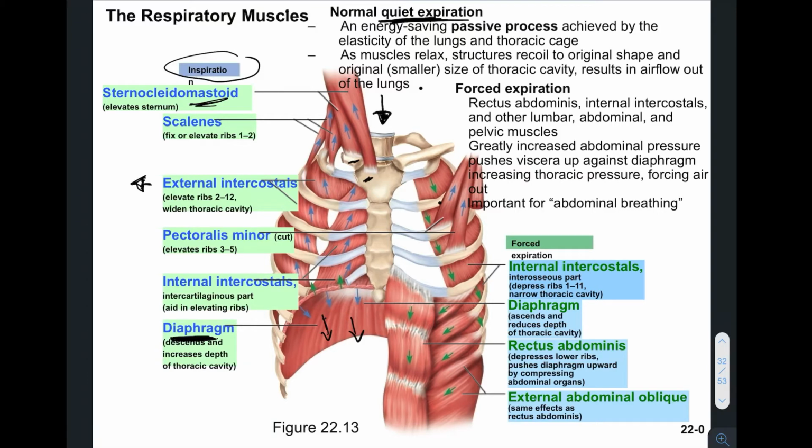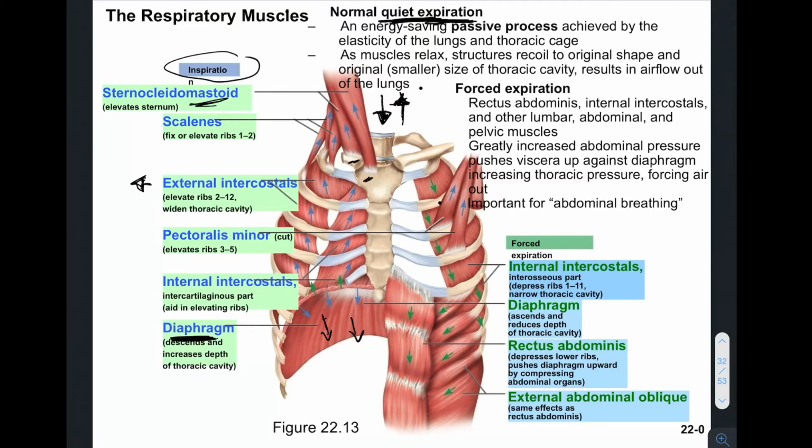Those are your inspiratory muscles. During quiet expiration, everything goes back to its regular size and air is pushed outwards. So they contract during inspiration, and they relax during normal quiet expiration.